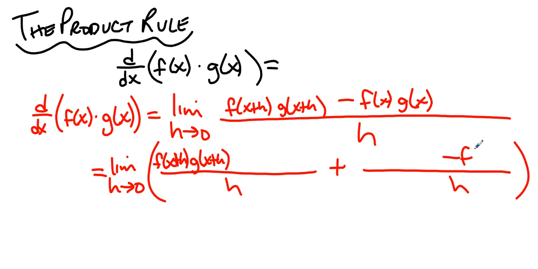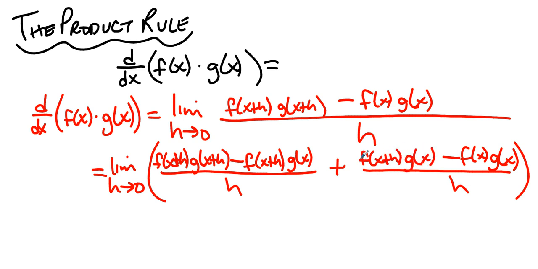And I'm going to keep the minus f of x, g of x over here. And what I'm going to do is subtract something and add it back over here so that I don't change the value. And that something, because I know that it works, is f of x plus h times g of x. We subtract it out, we add it in, we do not change the value of our expression.